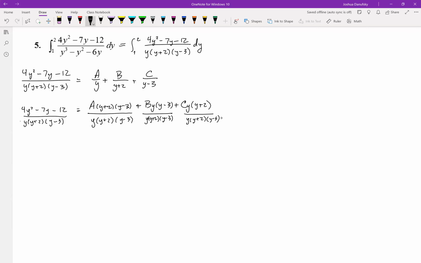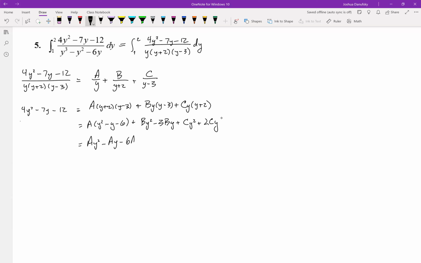Just as we saw before, in order for these two sides to be equal, the numerators would have to be equal. So it's easier if we just get rid of all of the denominators. Now we'll multiply on the right-hand side. Now we'll group our terms together so that we have all of our y squareds.